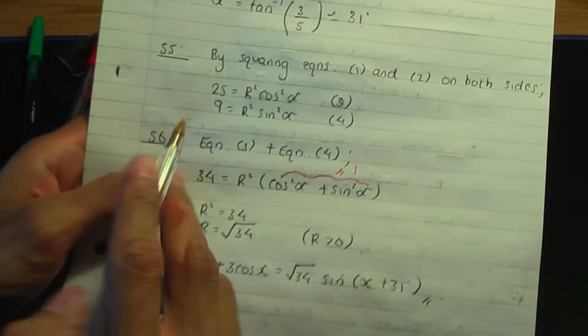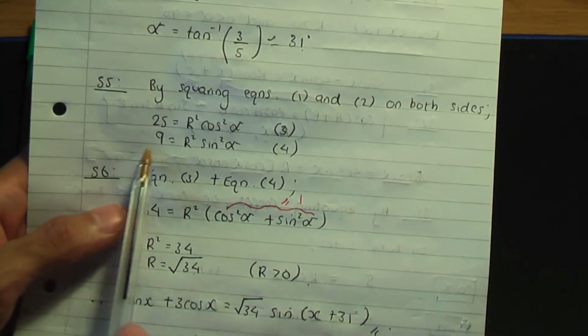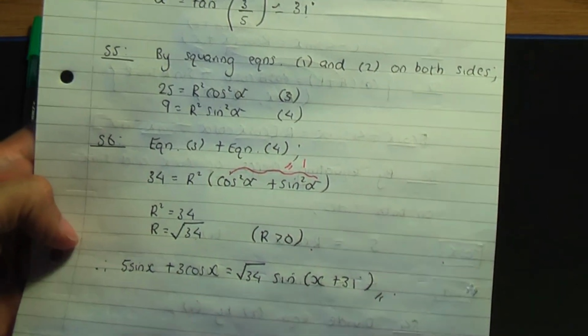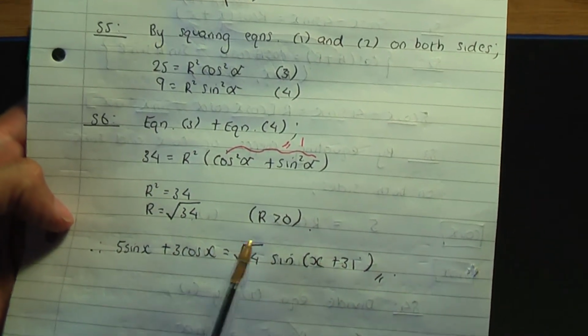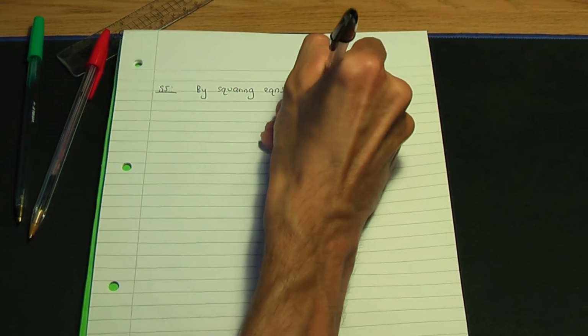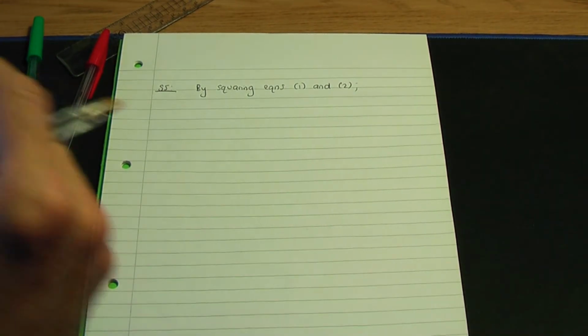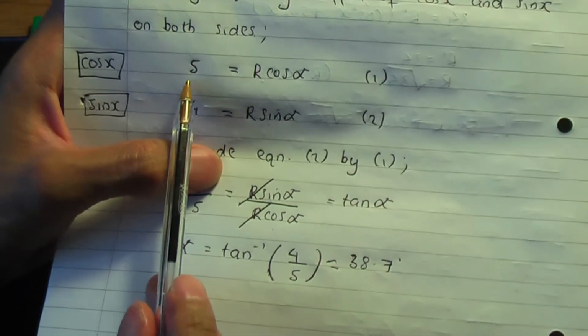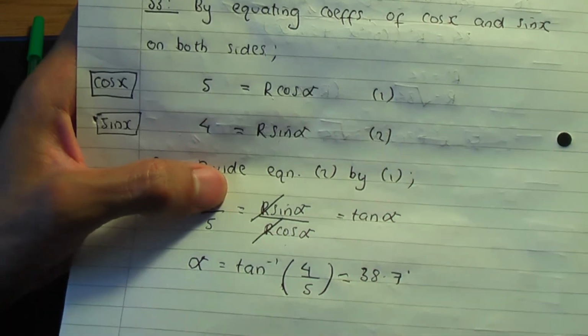So let's go back to the previous example. Remember, step number 5, we squared the equations, and then in step number 6, the next step, we added them. So let's follow the same idea here. By squaring equations 1 and 2, let's remind ourselves, equation 1 reads 5 is equal to r cos alpha.